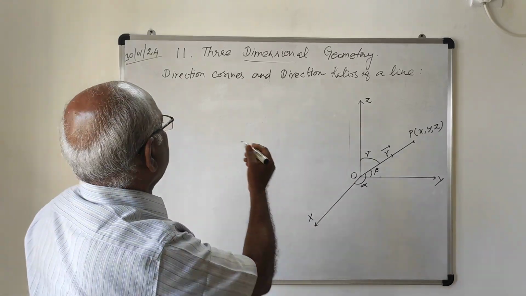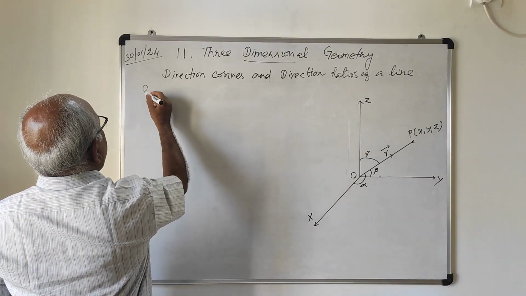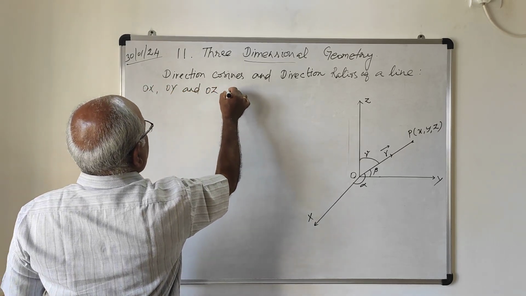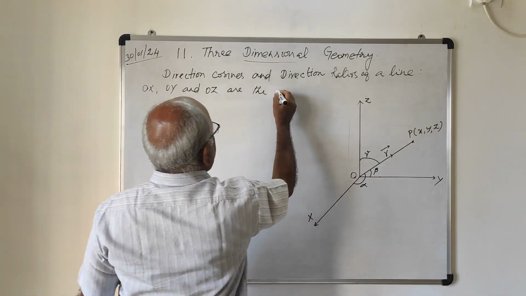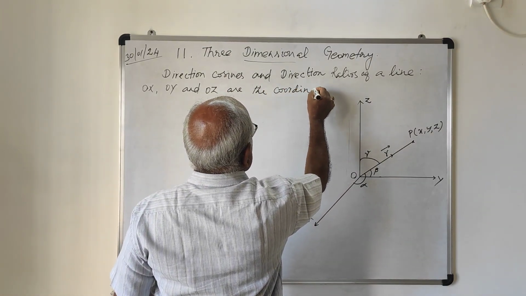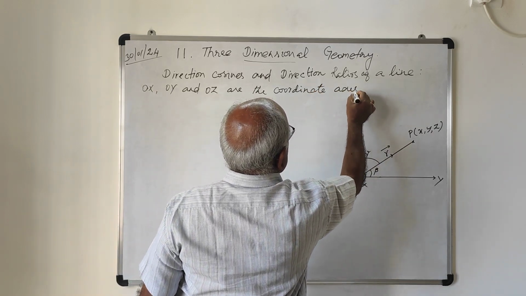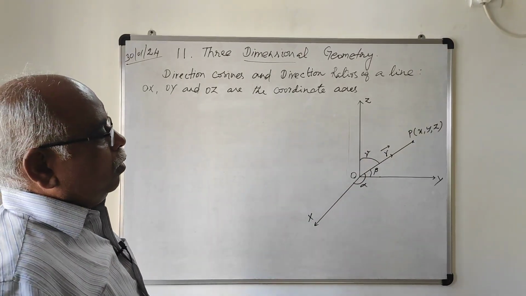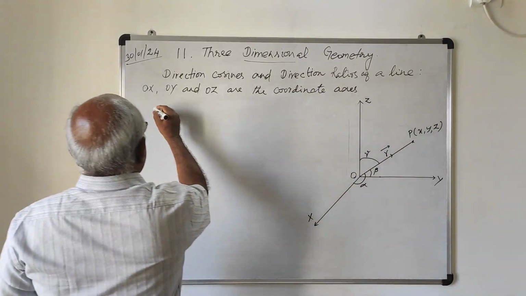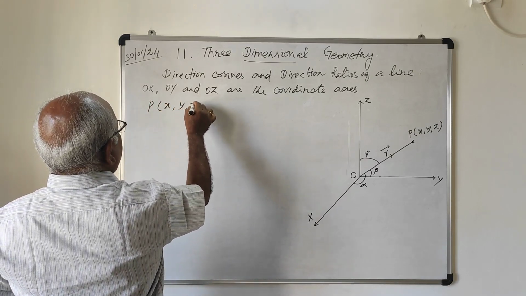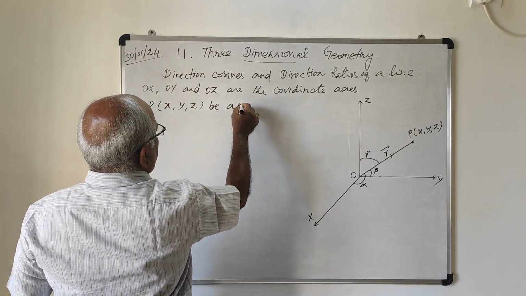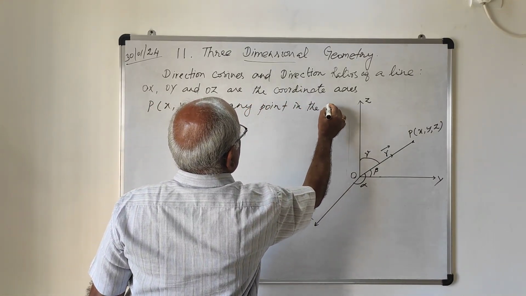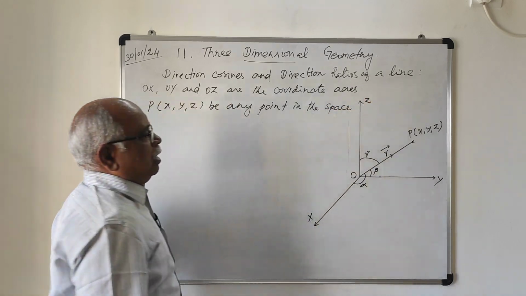OX, OY and OZ are the coordinate axes in three-dimensional coordinate space. And P(x, y, z) is any point in three-dimensional space.